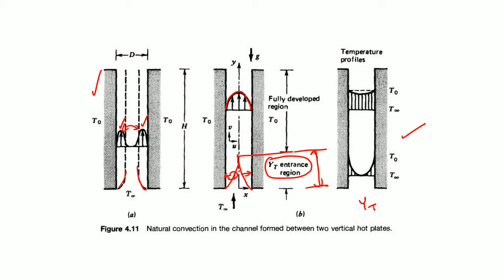Let us now see how we can analyze the problem. In the case of a duct flow, remember it was a pressure driven flow, so there was a pressure head maintaining the flow. Here of course, it has to be the temperature difference. The temperature difference creates a flow which mimics what we actually see in a duct.